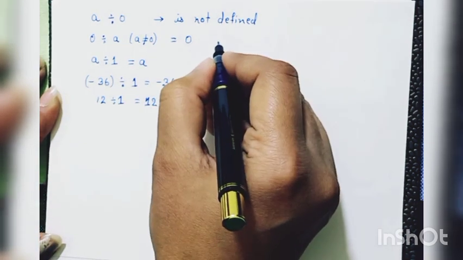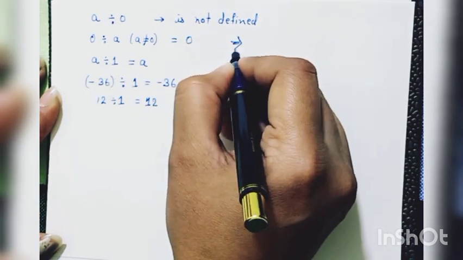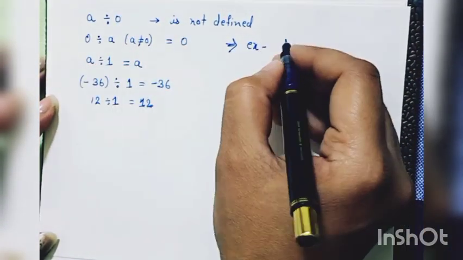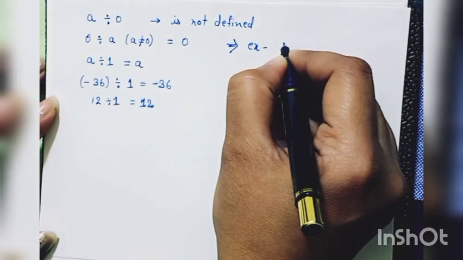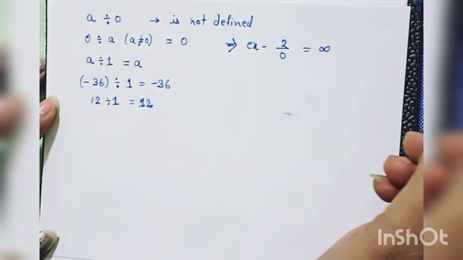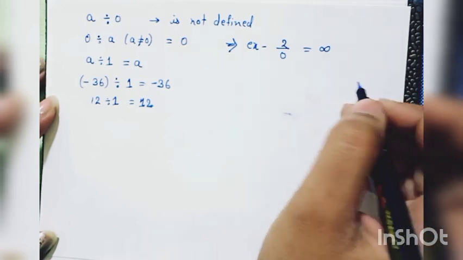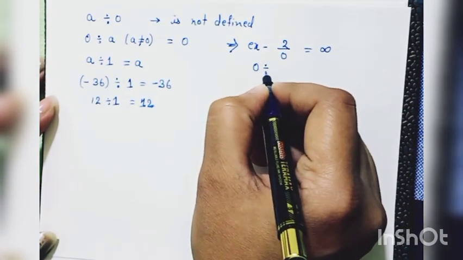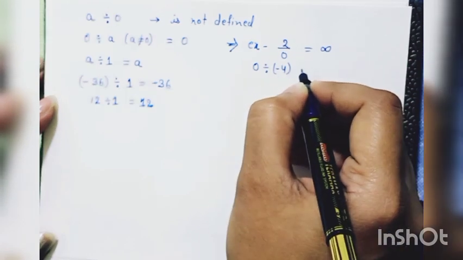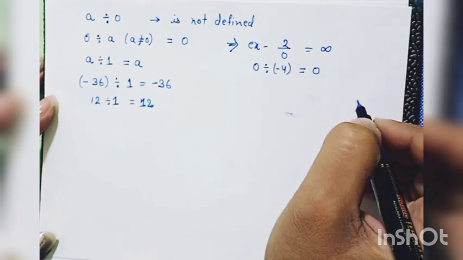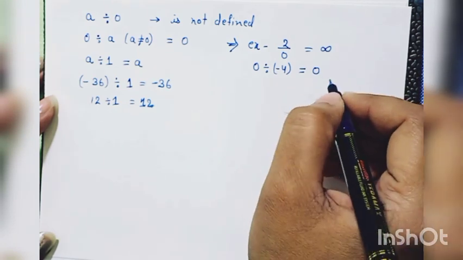Let's have an example for a divided by 0. If I take 2 divided by 0, the answer will be not defined, that is the infinite sign. But if 0 is divided by minus 4 or a positive number, in that case the answer will always be 0. That is the whole property of division.